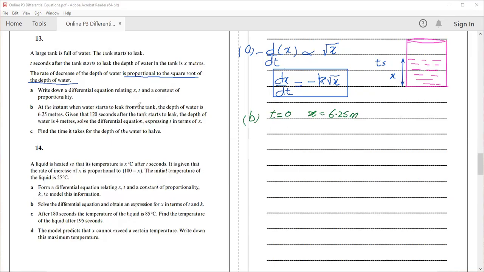Given that 120 seconds later, another piece of information: when time is equal to 120 seconds, the depth of the water is 4 meter. At that time, x will be 4 meter.